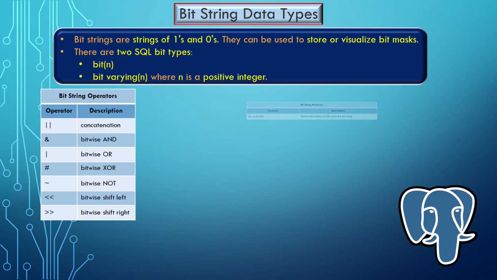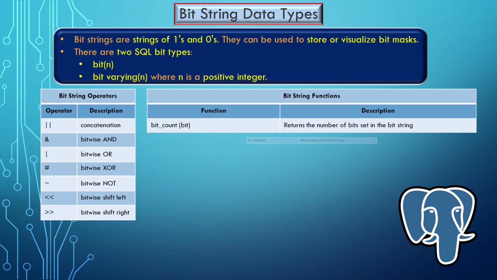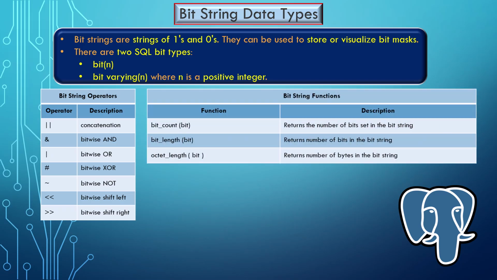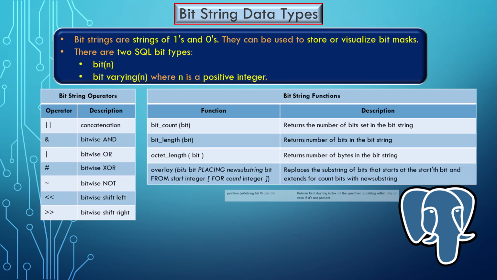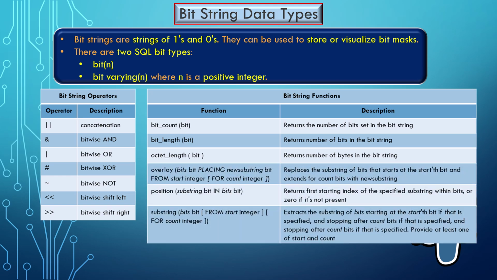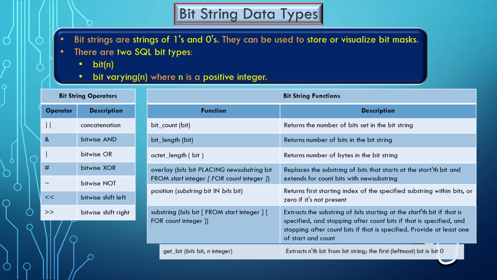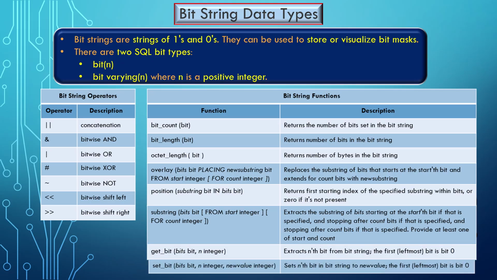There are also bit string functions: bit_count, bit_length, octet_length, overlay, position, substring, get_bit, and set_bit.